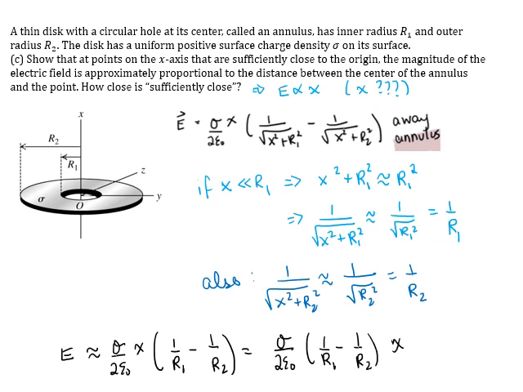All of this stuff in front of the x is constant. That means that E is proportional to x. And this expression that we just found right here is only true if x is much smaller than r1. So there's part C done.